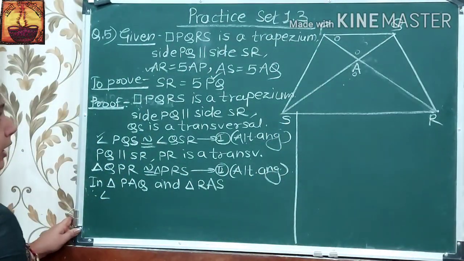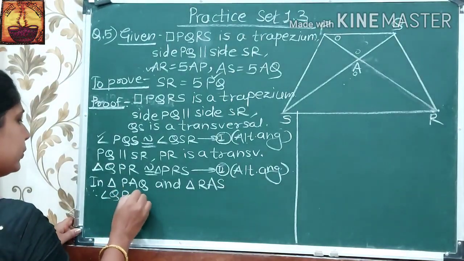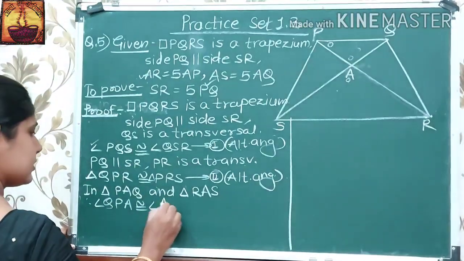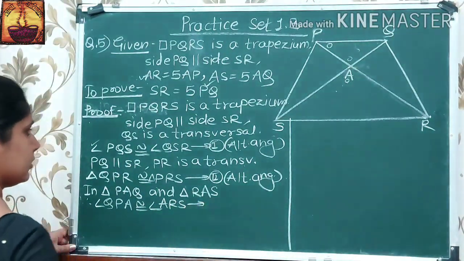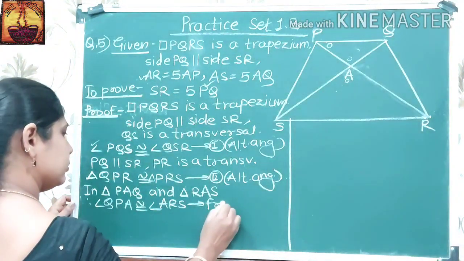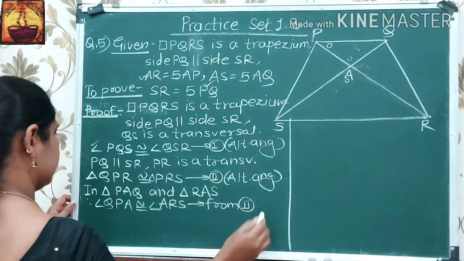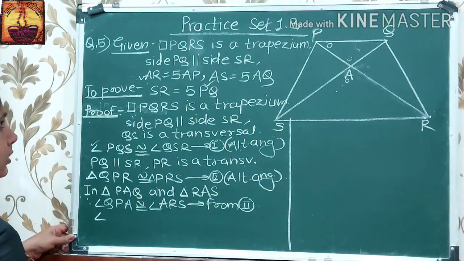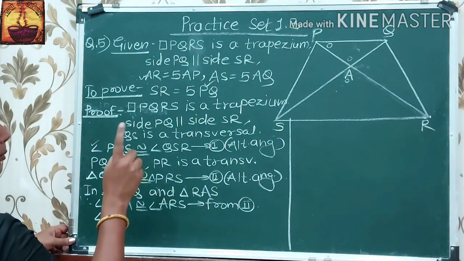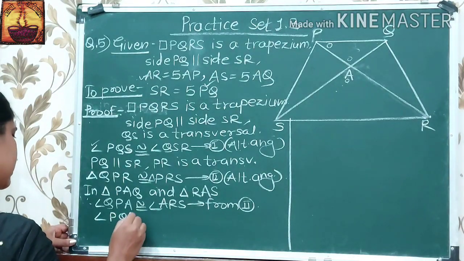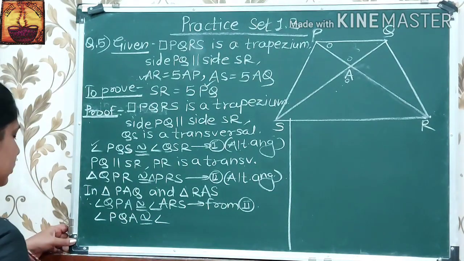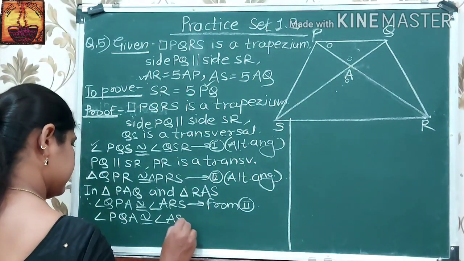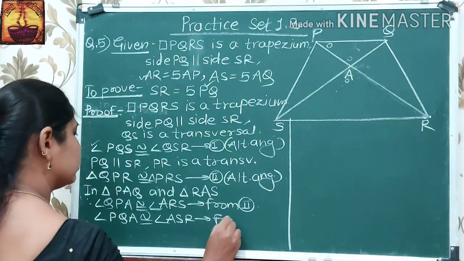Therefore, write here angle QPA is congruent to angle ARS and angle PQA is congruent to angle ASR, from 1.